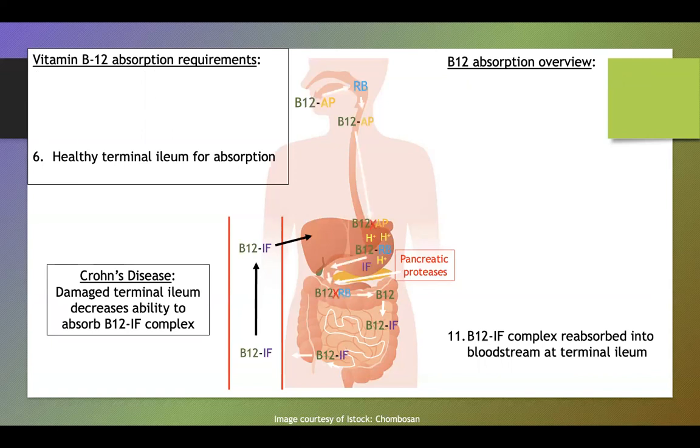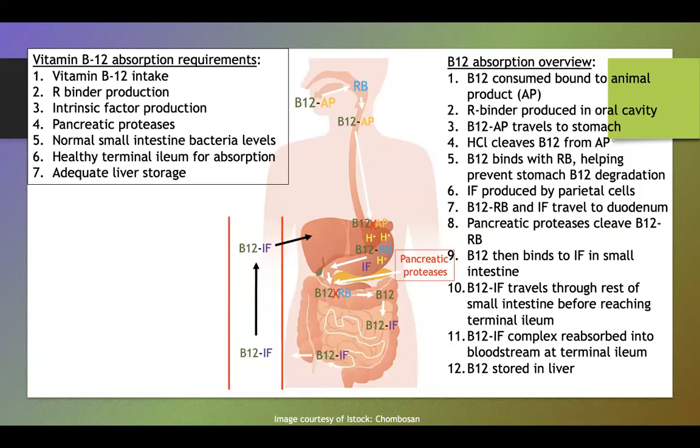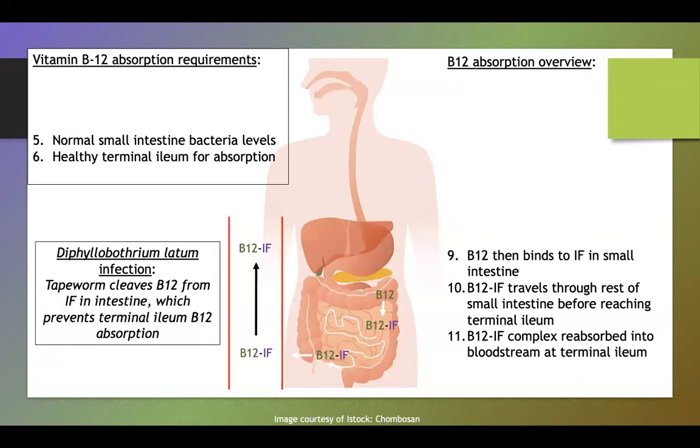So even if everything else is working properly, if you don't have a healthy terminal ileum to reabsorb this complex, then you might have B12 deficiency. And the last one I'm going to talk about is tapeworm infection. What's kind of cool about this one is that it can cleave this complex.